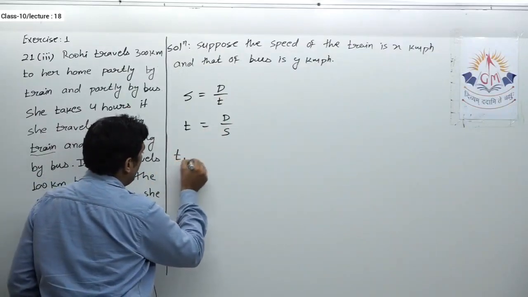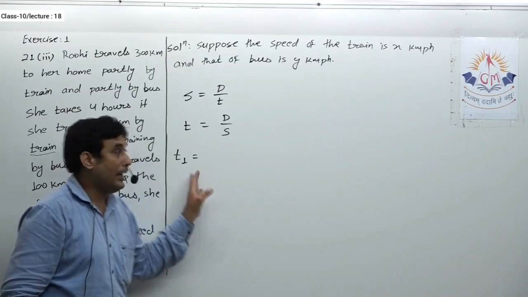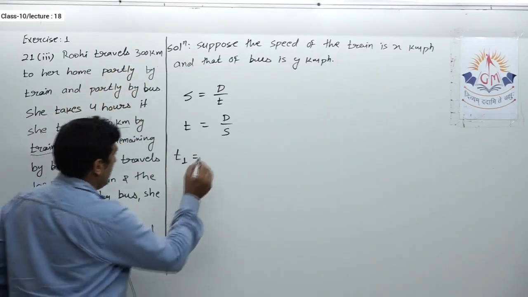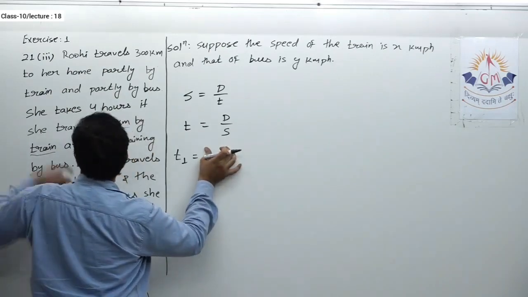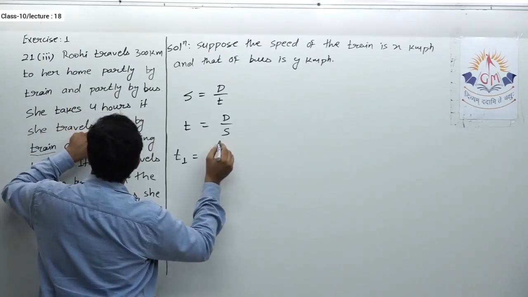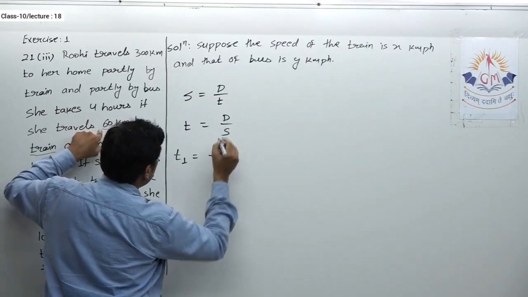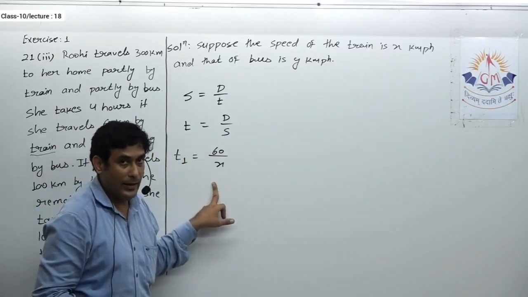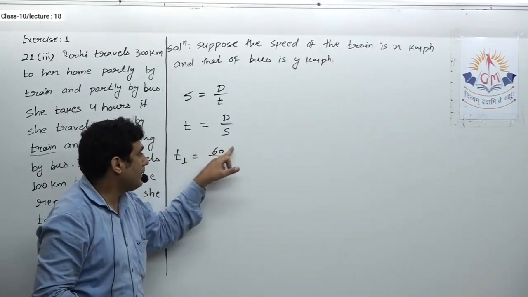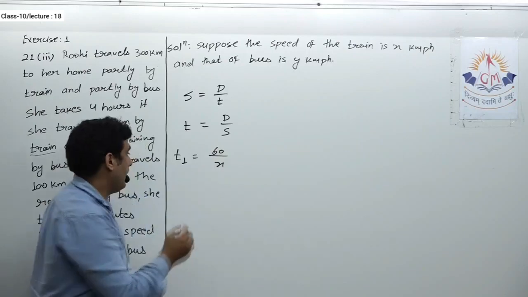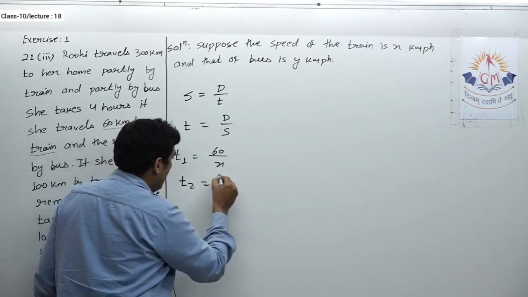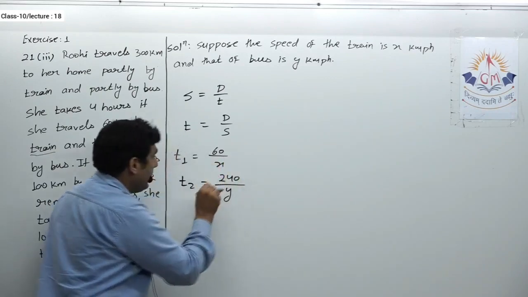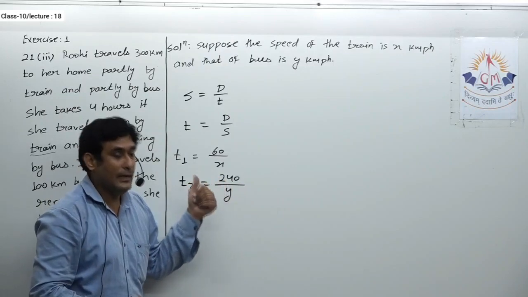So if I say T1 is the time taken by Ruhi when she travels by train, that should be the distance traveled by train, which is 60 kilometers, and the speed of train is x. So this much is the time taken by Ruhi when she travels 60 kilometers by train, and this much is the time taken when she travels the remaining 240 kilometers by bus.